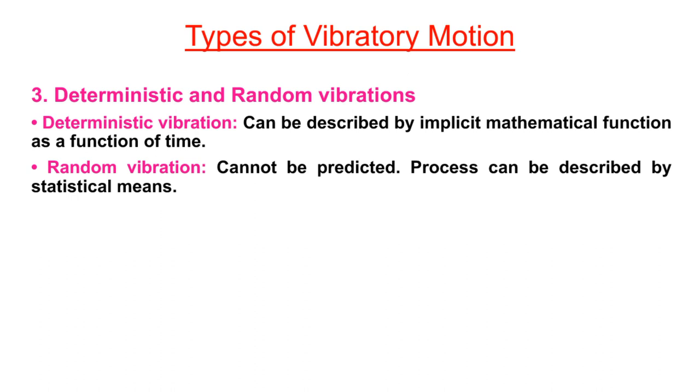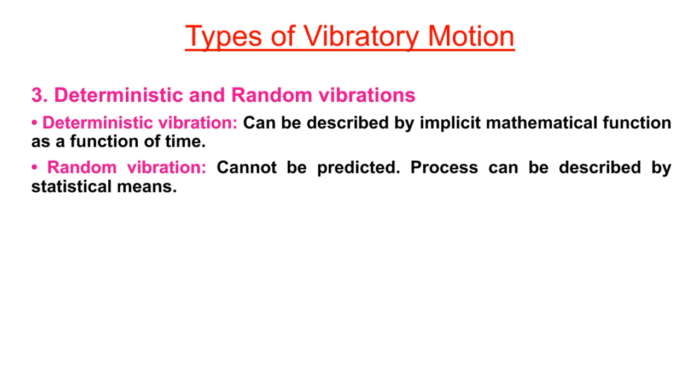The process can be described by statistical means, that is statistical analysis. In case of deterministic vibration, vibration amplitudes can be determined easily. But in case of random vibration, the amplitudes of that vibration we have to find by statistical analysis. This kind of analysis is very difficult compared to deterministic vibration.